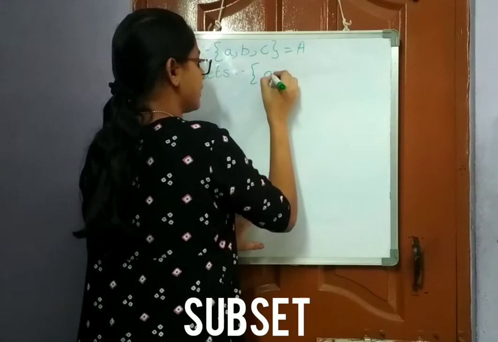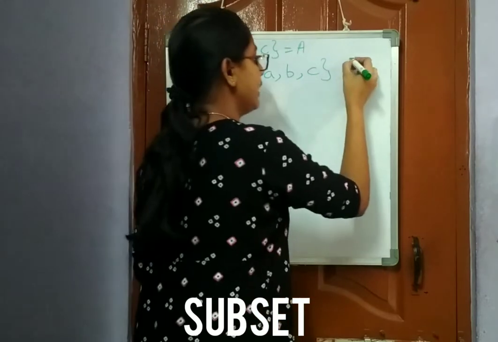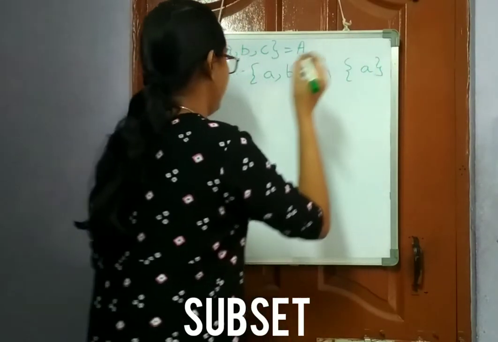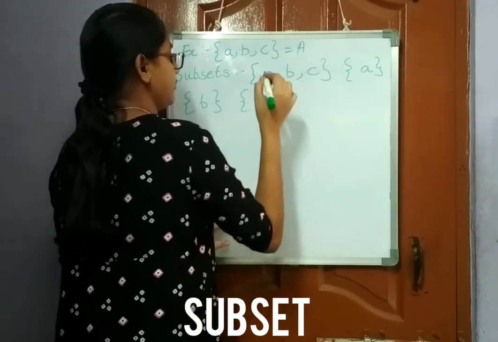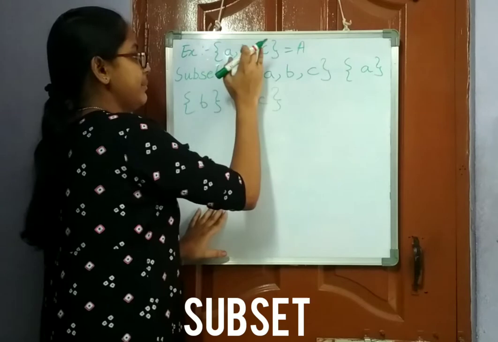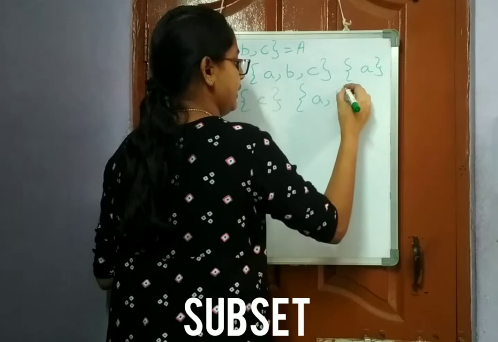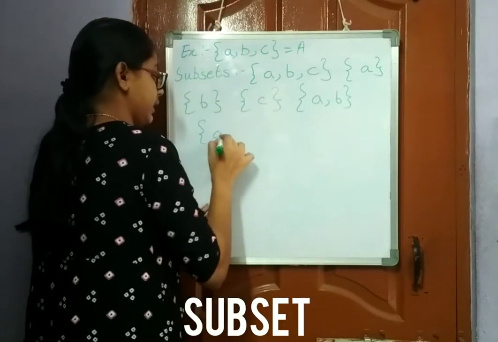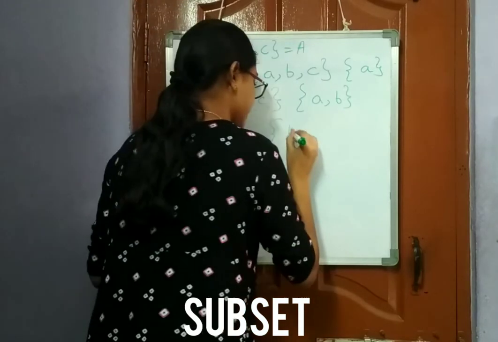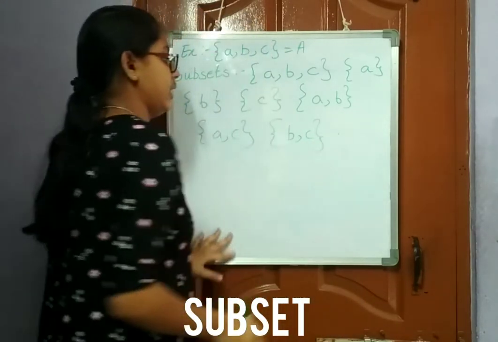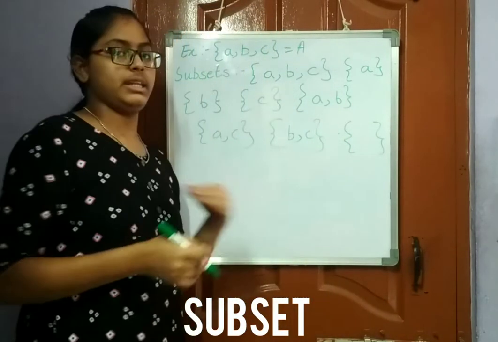So the first subset would be A, B and C. The next ones will be individual, that is A, B and C. Now as pairs, AB, AC and BC, that will be A, B, A and C, and at last B and C. And also an empty set is a subset of any set.